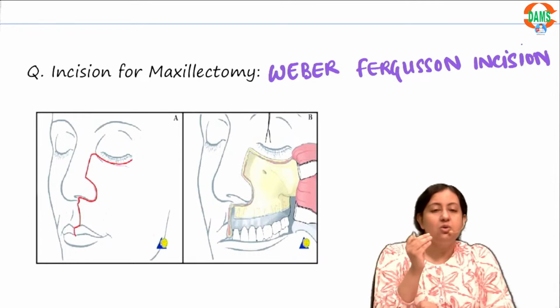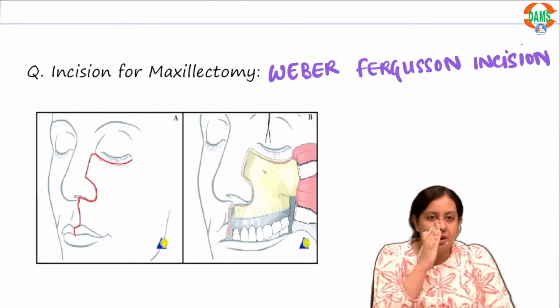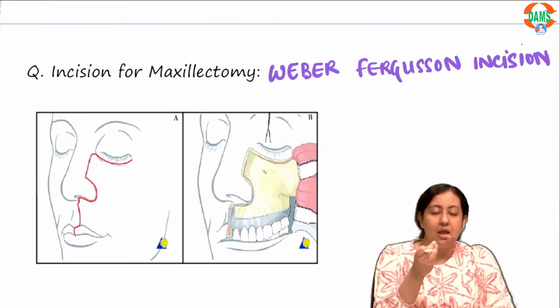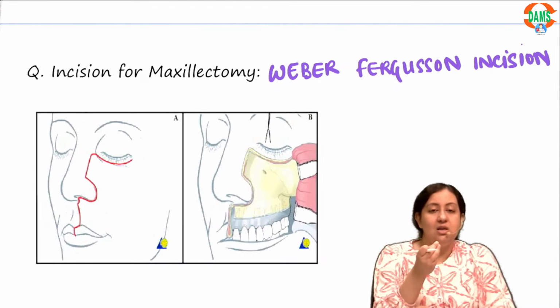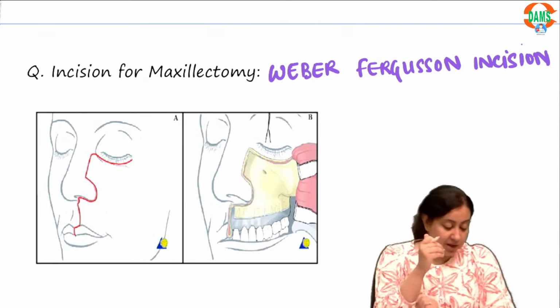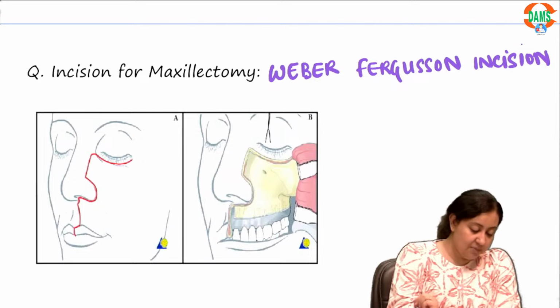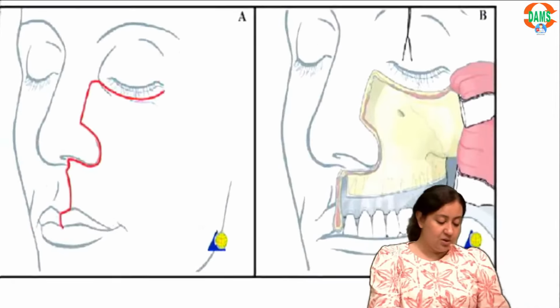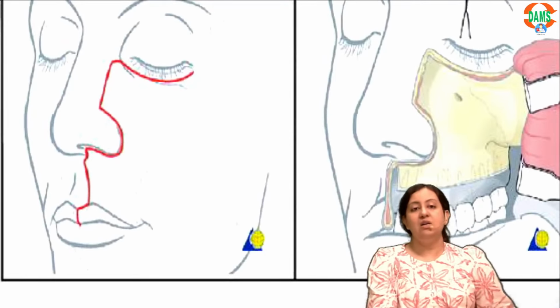So why this is known as the incision for maxillectomy is that when you reflect this incision, it gives you an open book kind of access to the maxilla. Hence, it is also known as the maxillectomy incision. This is important, it has been asked previously in your examinations. And this is the visual, exactly how I described the incision to you.